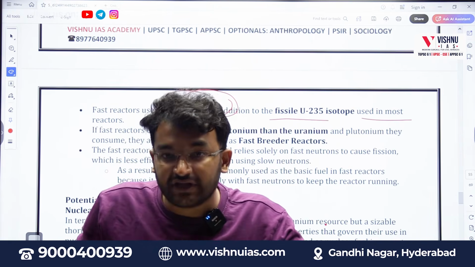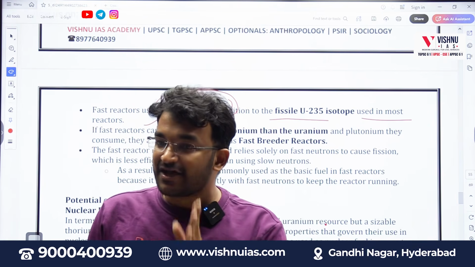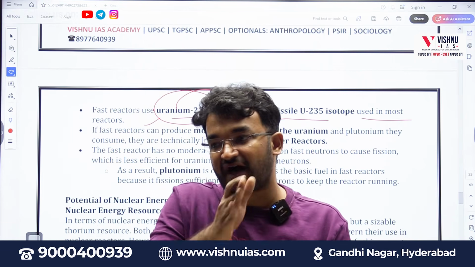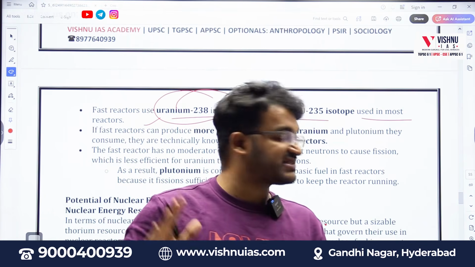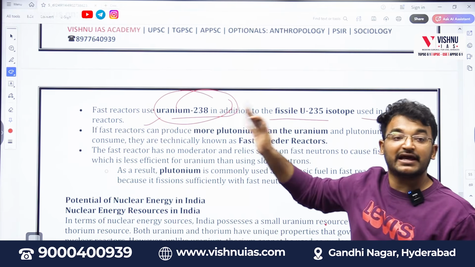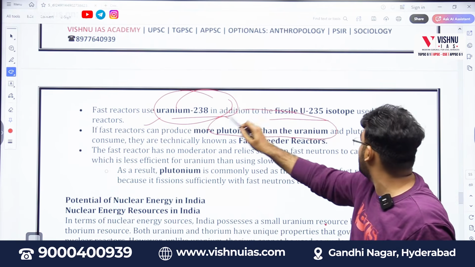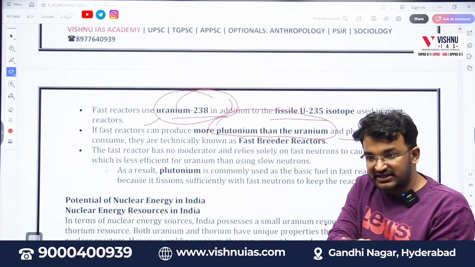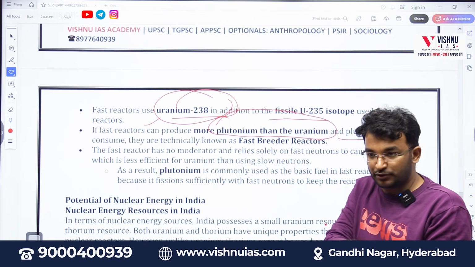Now in these fast reactors there is a special case called as fast breeder reactor. Now what is this fast breeder reactor specifically? If these fast reactors can produce more plutonium than the uranium and the plutonium they consume, initially we will be giving them uranium-238 and some amount of plutonium.